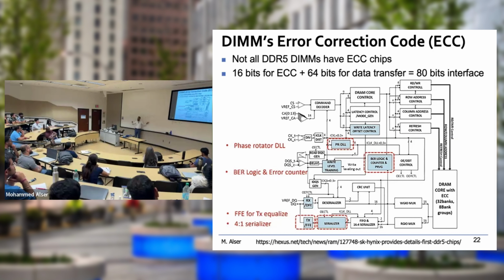Why is that? Remember, all operation happening in the DRAM is analog. You have capacitors, you have voltage going through this, and because the density is getting more and more as we move with the DDR5, we try to fit more capacitors in the same size of the chip, right? That's how we increase the capacity, and we make it from 2 GB to 4 GB to 16 GB and so on.